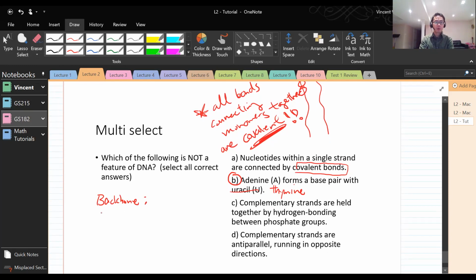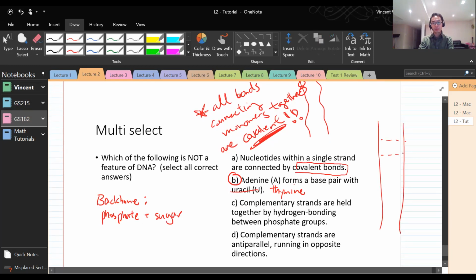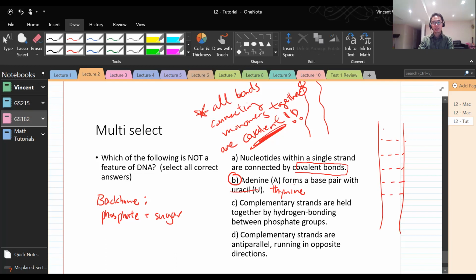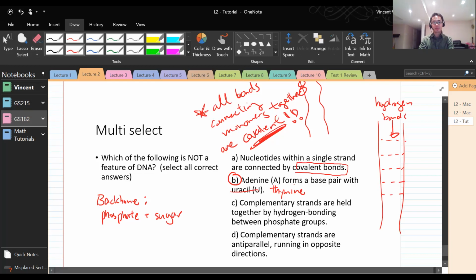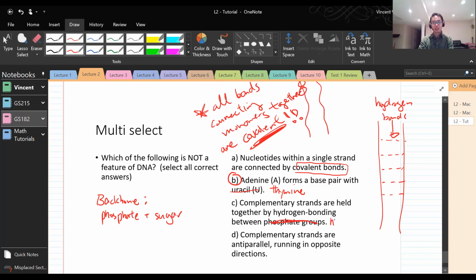So backbone is phosphate plus sugar. And if you think about the two strands and how they are held together, these are hydrogen bonds between the bases, the nitrogen base. So that would also be incorrect. And that's what we're looking for, things that are not a feature.